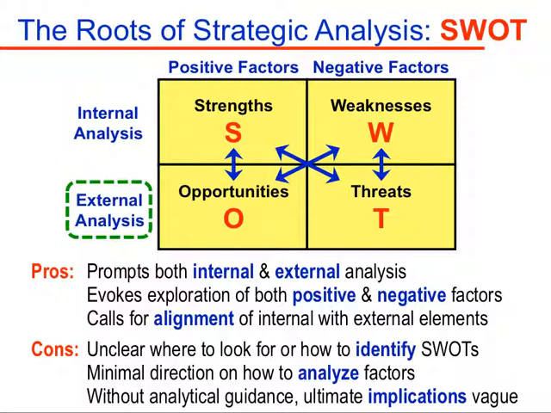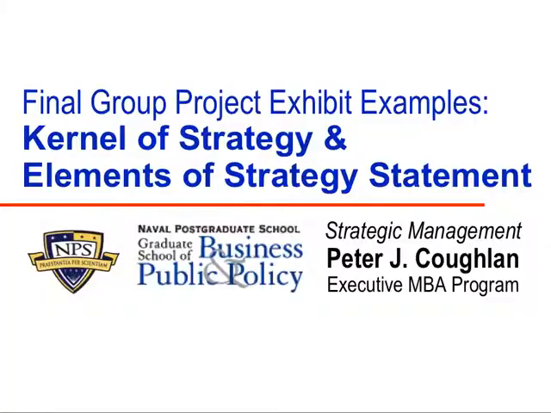We talked about the pros and cons of it, so it does leave some things lacking, but if you can demonstrate your ability to add on to where the SWOT analysis leaves you, since it's focused so much more on identification than analysis, then that would be great. If you have the identification here in a SWOT matrix, and then are able to do the analysis more deeply in your text, that would be great.